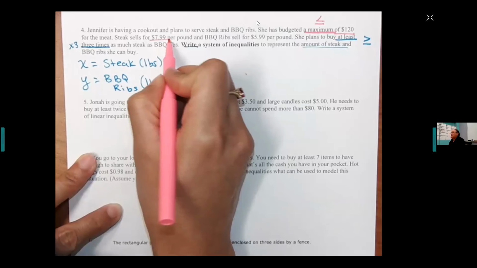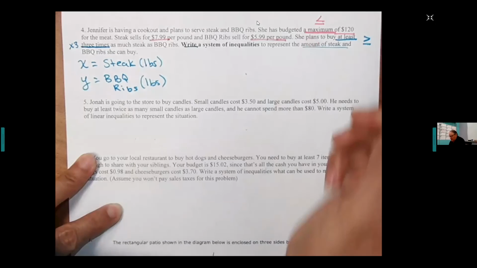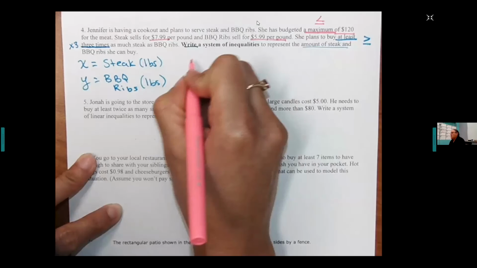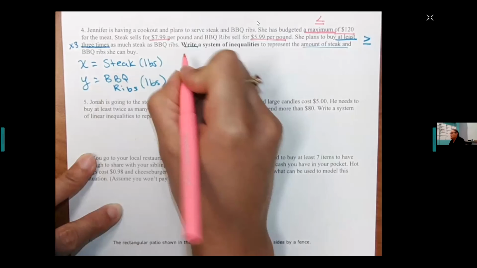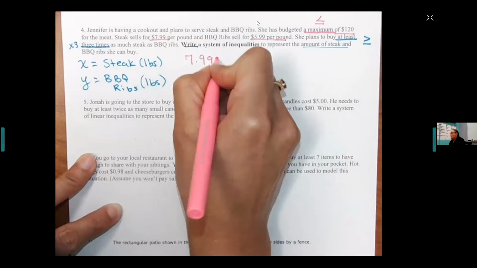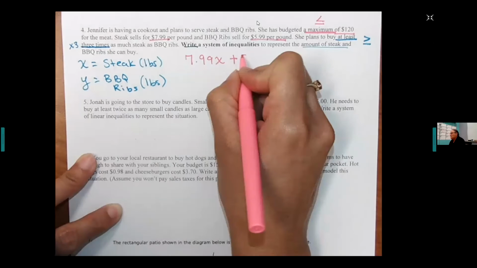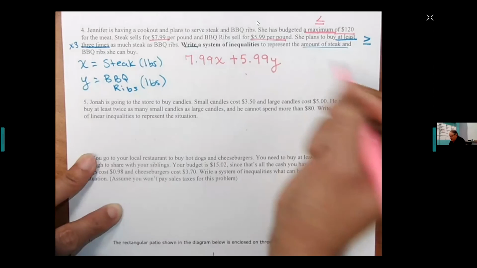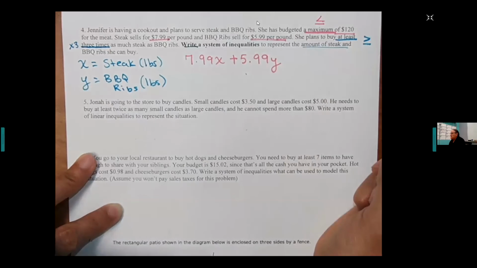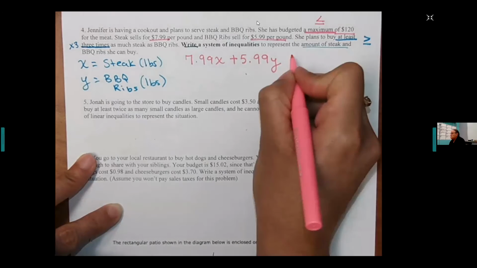Since steak is $7.99 per pound and steak is represented by the letter X, let's put 7.99X. And we're adding that to the barbecue ribs, which is $5.99 a pound and represented by Y, so we have a plus there. And the most that she can spend is $120. She can spend less than that, so let's do less than or equal to 120.